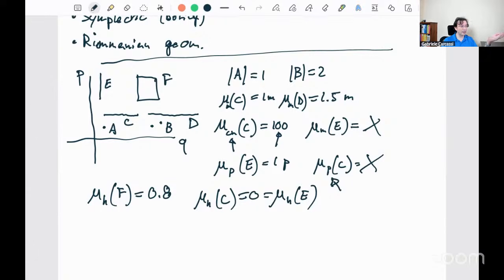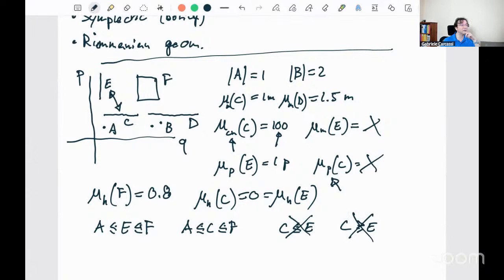A and C are comparable as well because A is measure 0 with respect to C and C is measure infinite with respect to A. But E and C, these two, are not comparable, even though A is comparable to E and E is comparable to F. So you can say that A is finer than E, and it's finer than F, and you can say that A is finer than C, and C is finer than F, but you can't say that C is finer than E. You can't say this, and you can't say that C is coarser than E either. These two things are not comparable.